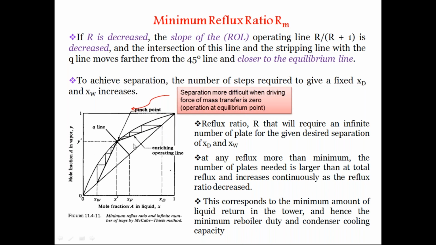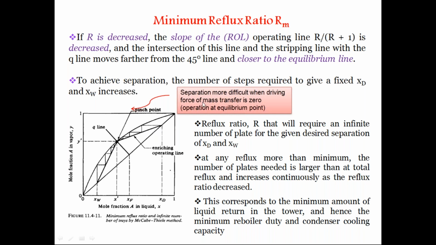And again, if you decrease the slope further, then it will reach and coincide with the 45 degrees line. So you can say that this is the maximum reflux, that is called the total reflux. This will be the minimum reflux. So you know how to estimate the minimum reflux as well as the total reflux, because for total reflux, the 45 degrees diagonal line would be your operating line, whereas for the minimum reflux ratio, it passes through the pinch point.